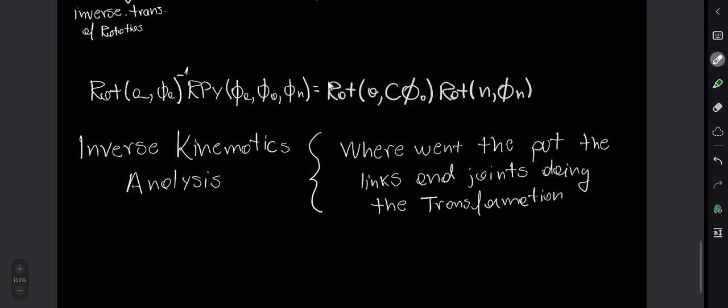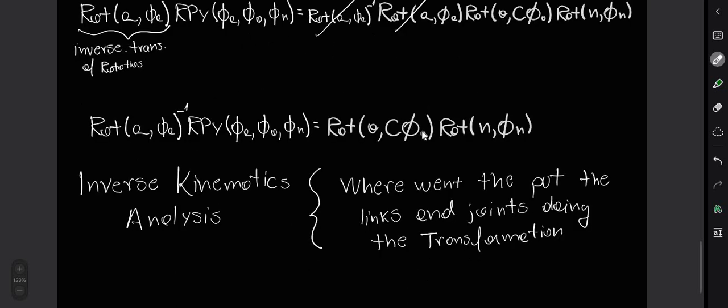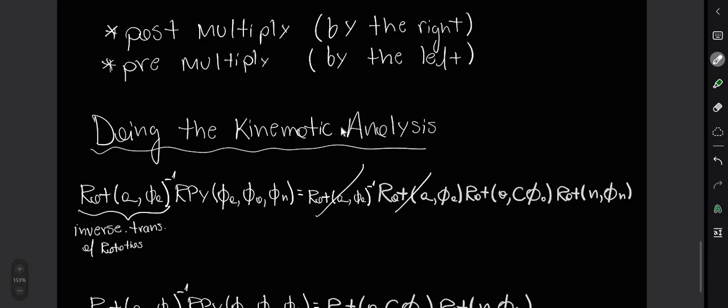Okay, what else? Okay, let me read the statement. To decouple these angles, we pre-multiply. I said post? No. Yeah, I said post. So right here, let me change: by the left, by the right. That can be confused. Right here by the right, and right here by the left. We are pre-multiplying.